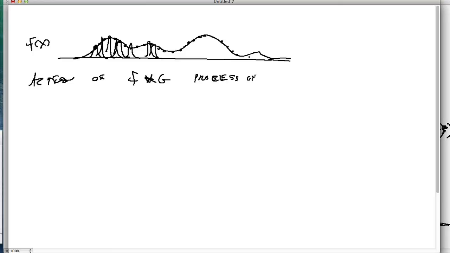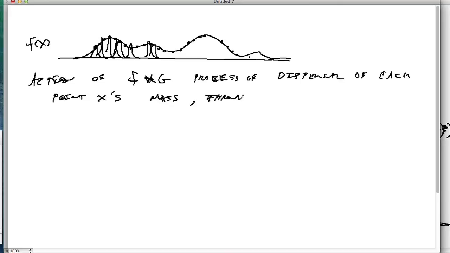of dispersal of each point x's mass through mixing with neighboring masses or neighboring positions.